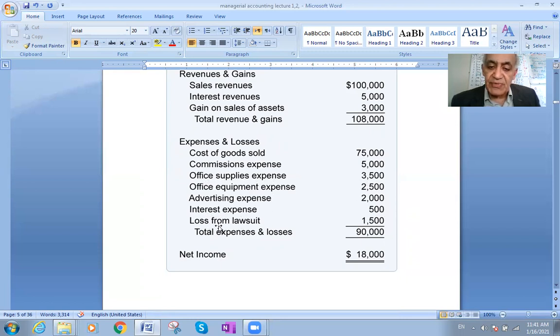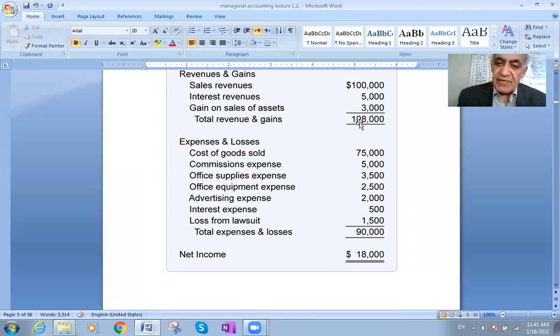Loss from lawsuits means they pay lawyers $1,500. This is losses. When you count all this together, it comes to $90,000.